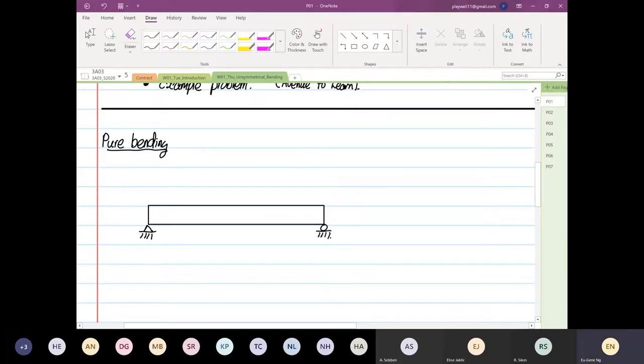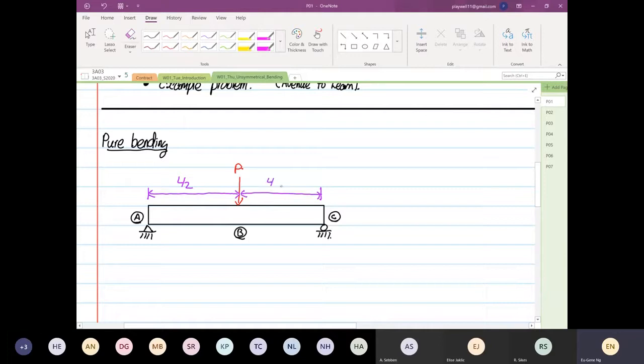Over here I'll call my point A, this will be my point B somewhere in between, and this is my point C. Then we have a load applied exactly at the center, and this load is what we call P. The distance from here to here is L over 2, and likewise the distance from here to here is L over 2.